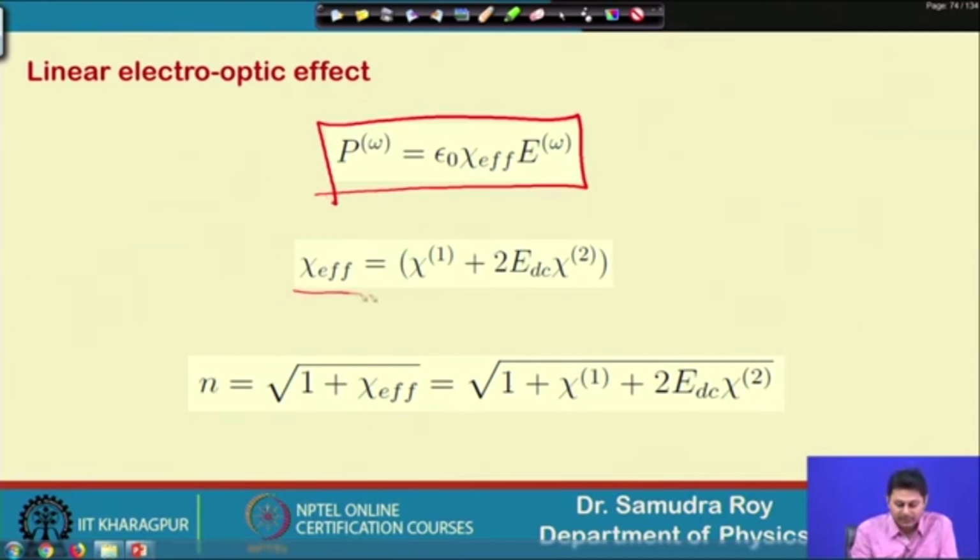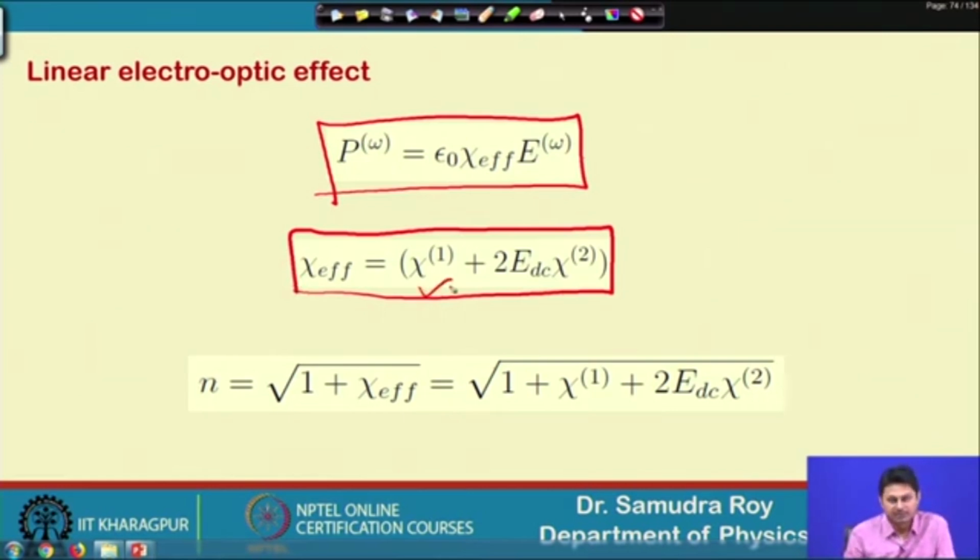So, the effective susceptibility can be represented by this. Chi 1 is the fundamental susceptibility, or the first order susceptibility. On top of that, we have one additional term, E DC multiplied by chi 2. These two terms, if I combine together, give an effective susceptibility.